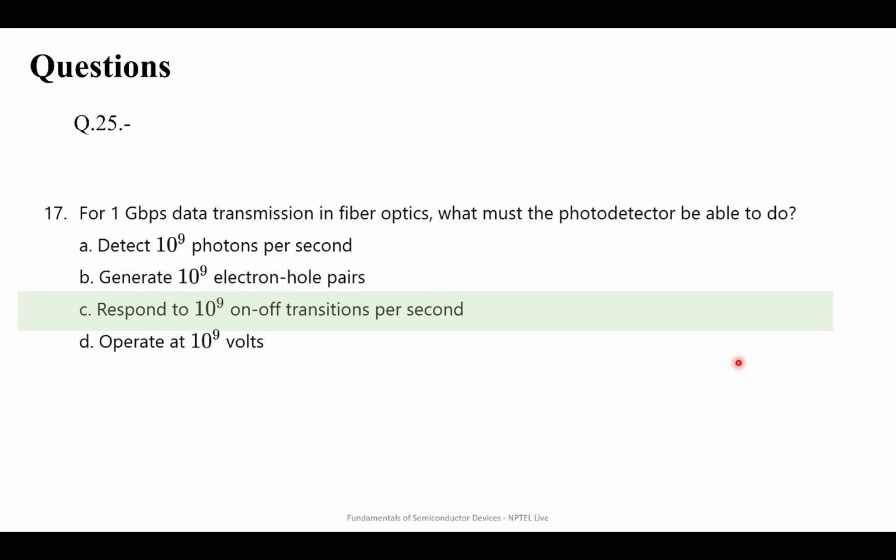Basically 1 Gbps data transmission means that every second I am sending 10^9 ones and zeros. If light off is 0 and light on is 1, there should be enough differentiation to say that this is 0 and this is 1. So my response speed should be higher than 10^9 per second.